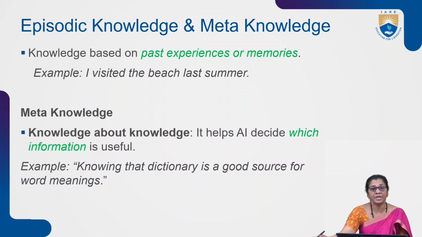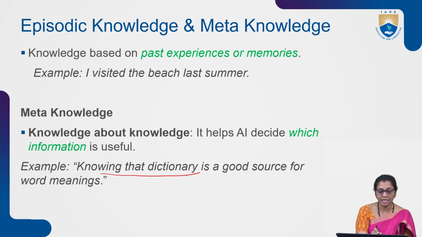It has its own limitations, and it also knows where the gaps in the knowledge are. It tries to improve itself by identifying the gaps in the knowledge, and as I said, which information is useful. An example is knowing that a dictionary is a good source for word meanings, right?